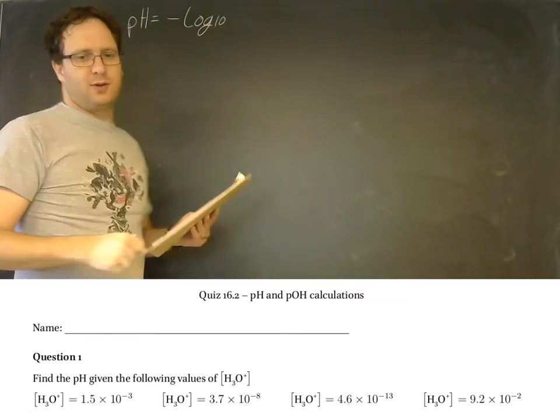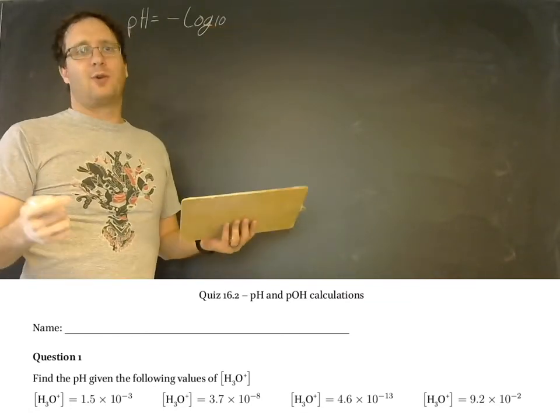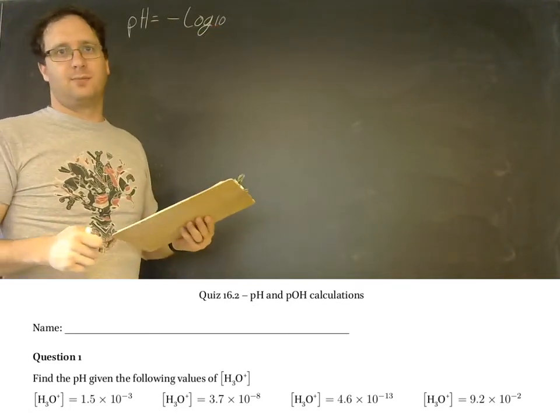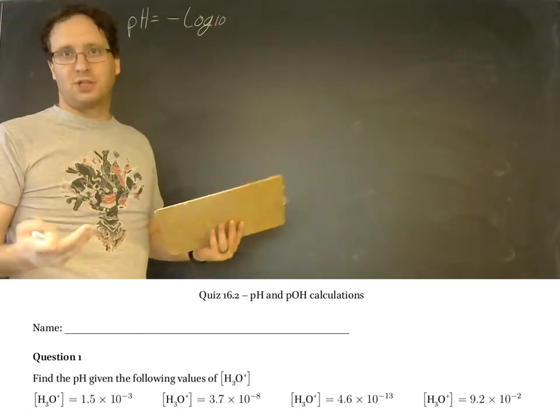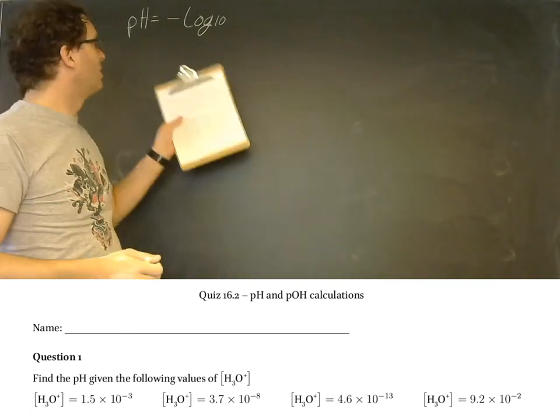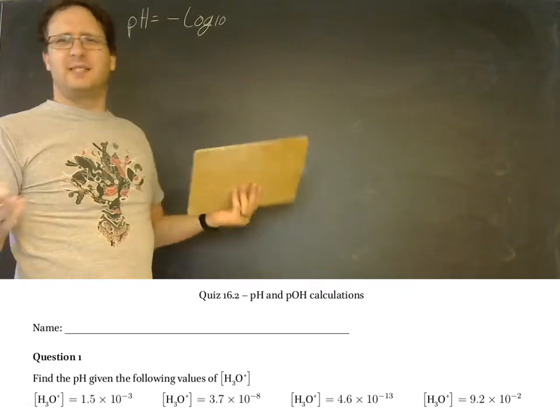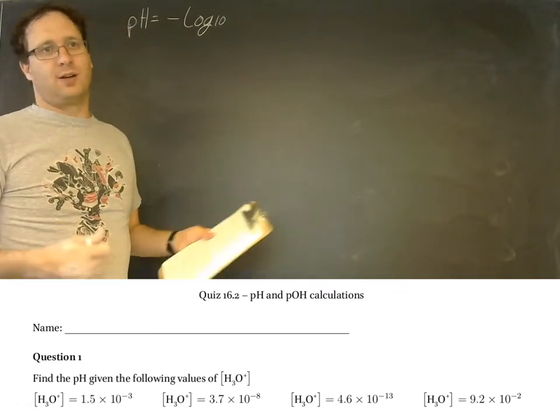If you're using Wolfram Alpha or something like that, you might need to make sure that you put a log10 function. On most calculators, the base 10 log is just the log button, and the base e log, or the natural log, is the ln button.